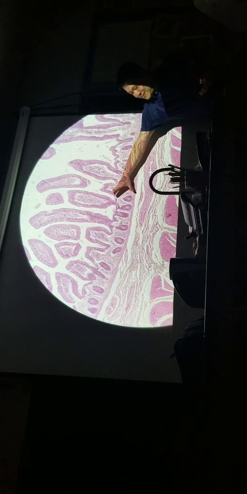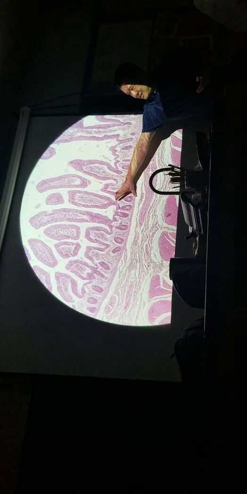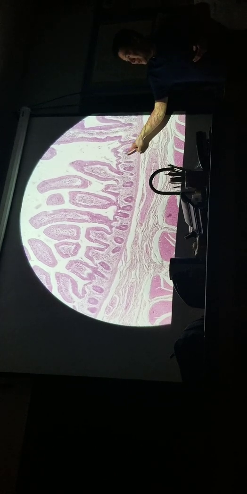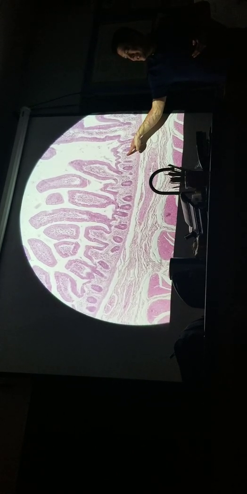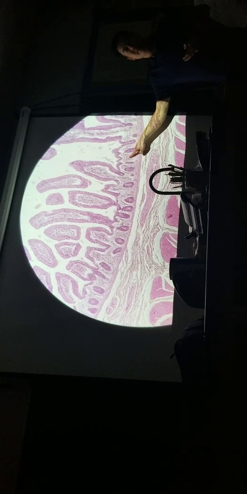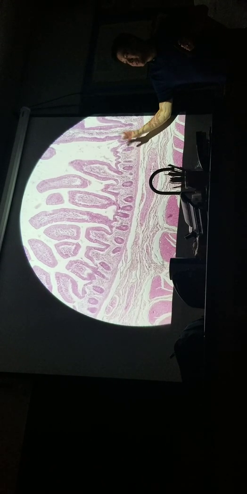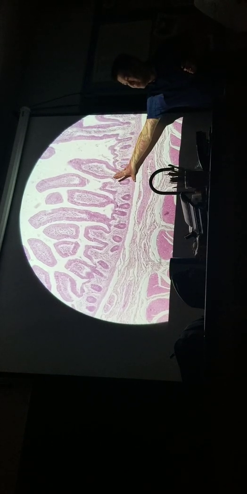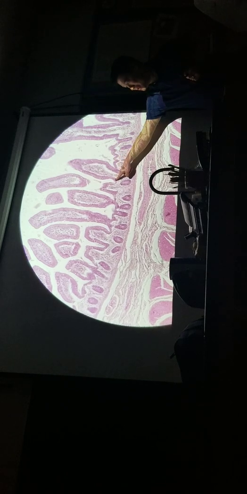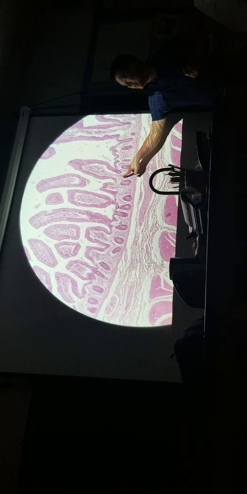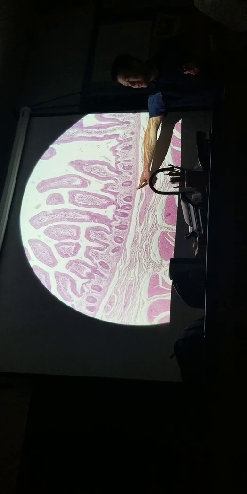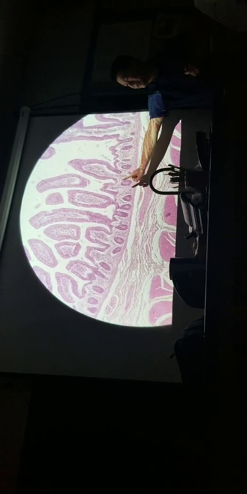What layer of the digestive tract is this? The mucosa. What layer of tissue in the mucosa is this? This is what's annoying about this mucosa. There are 3 cell types or tissue types. There's the epithelium, the lamina propria, which is areolar connective tissue, and this is the muscularis mucosa.